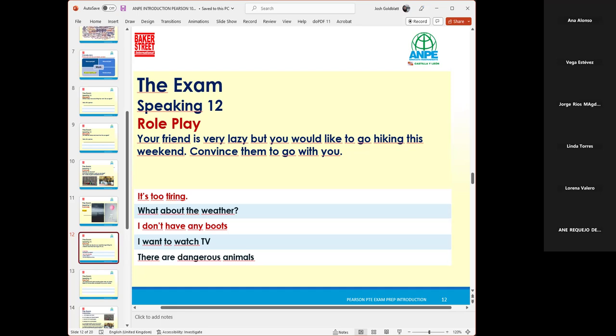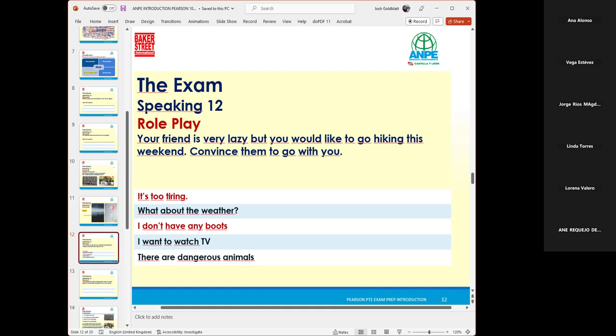We don't have to stay at home. Well, yeah, but look, if we go hiking in the mountains, what about the weather? It's going to be so cold. But we can wear a coat and boots, and we don't... how do you say frío? Cold.